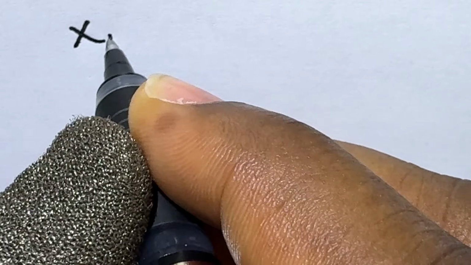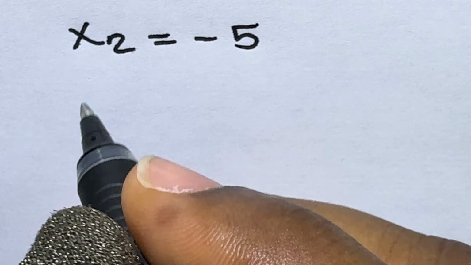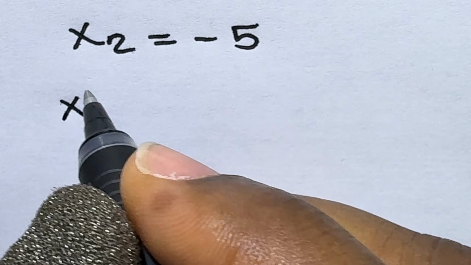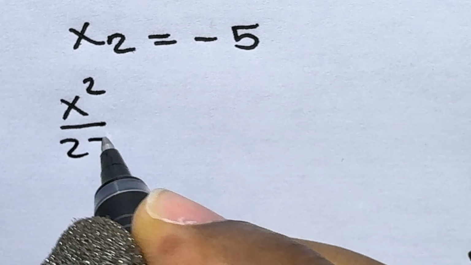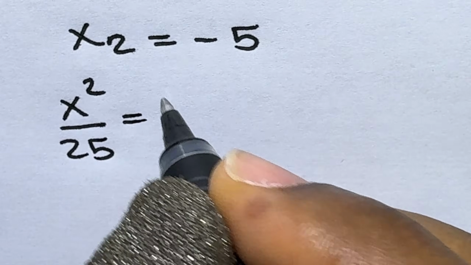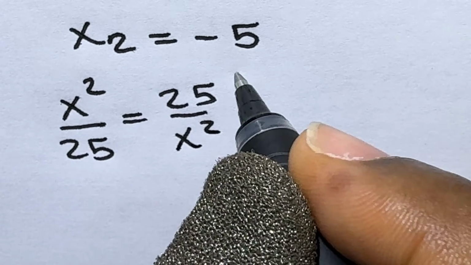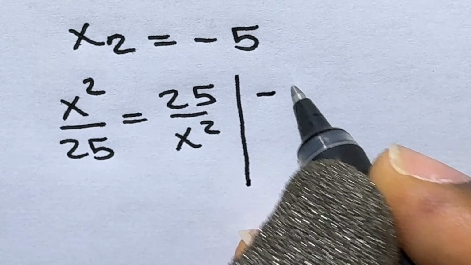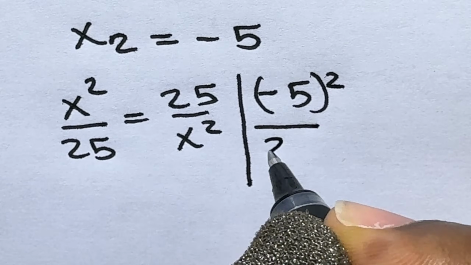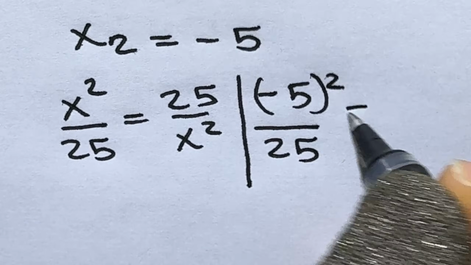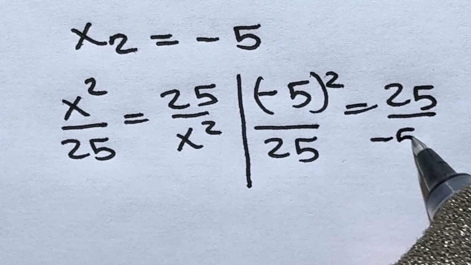When x is negative 5, we have x squared divided by 25 is equal to 25 divided by x squared. So we have negative 5 raised to power 2 divided by 25 is equal to 25 divided by negative 5 raised to power 2.